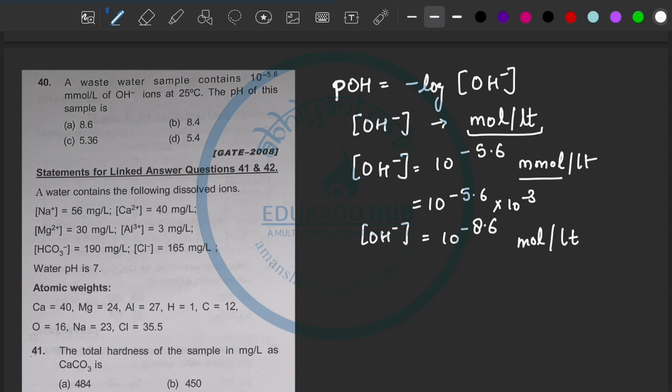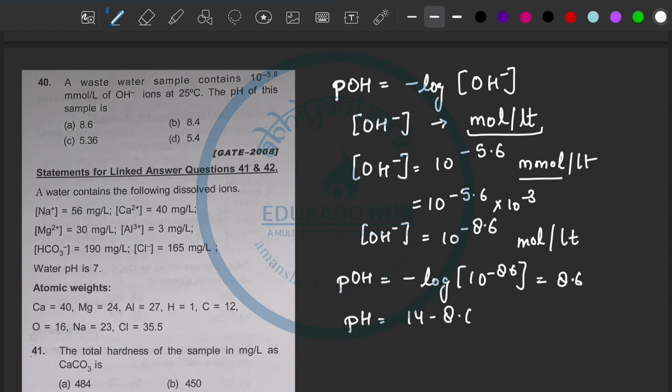Now pOH is minus of log of 10 to the power minus 8.6, which is equal to 8.6, right? Now pH is 14 minus 8.6, that will be 5.4. So the answer will be D, 5.4.